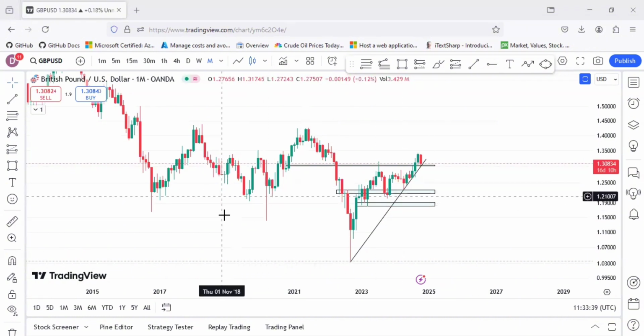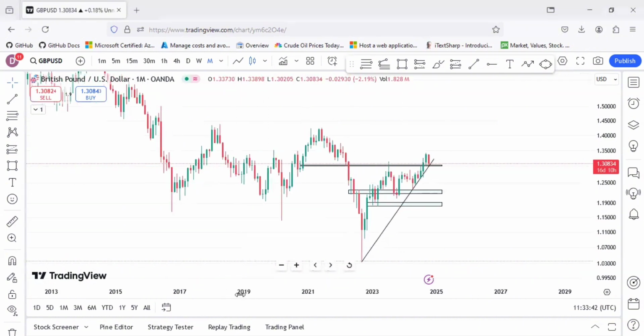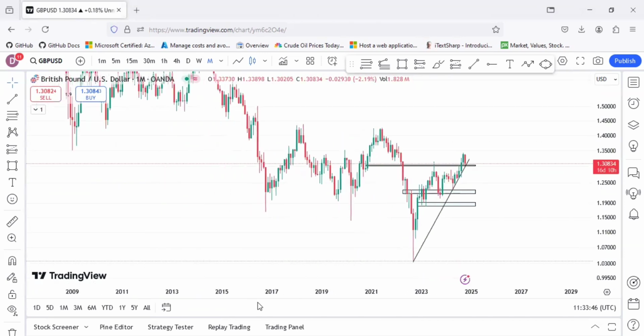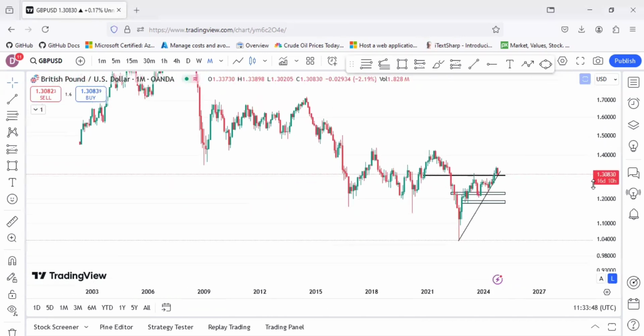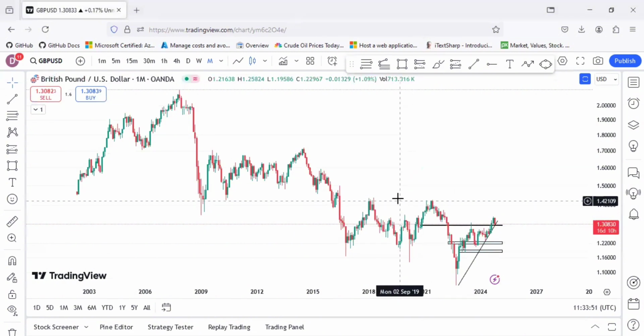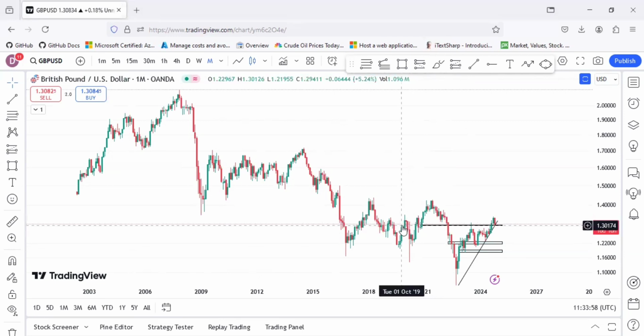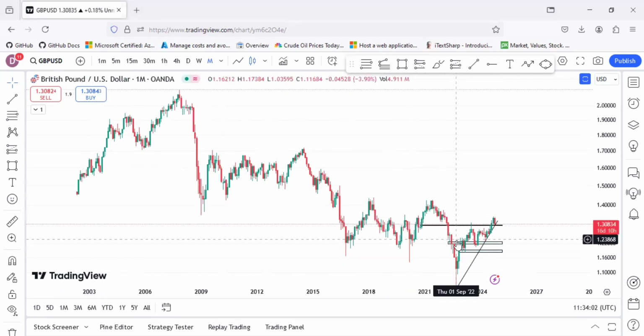And your market structure knowledge will help you in achieving that. So this is the monthly time frame right now. We want to ascertain the trend direction for us to know whether we are buying or selling. If you look at this particular chart right now, where is the direction of the market? With your market structure knowledge, you know this direction is down.